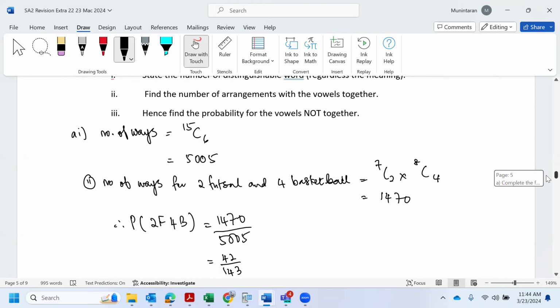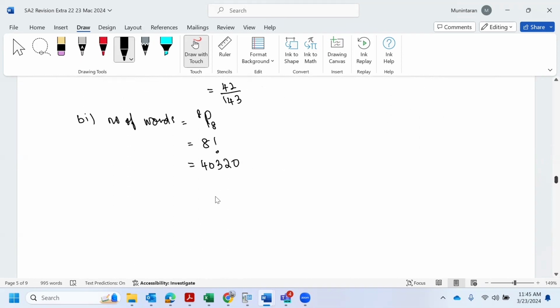Number of arrangements where the vowels are together. We have only 2 vowels here, which are A and O. So with the vowels together, out of 8 it becomes only 7 because A and O will become 1.